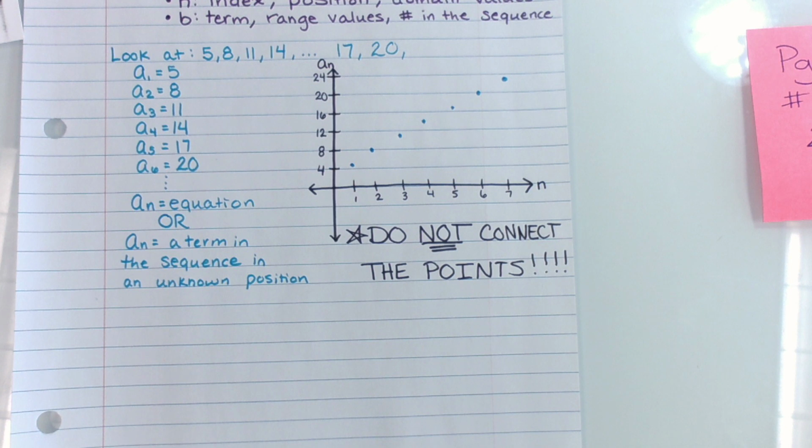Now, before I get rid of that though, in their connected form, what does it look like? This one looks like a line. It looks like a linear equation. That's because of what type of sequence this is. This is known as an arithmetic sequence.